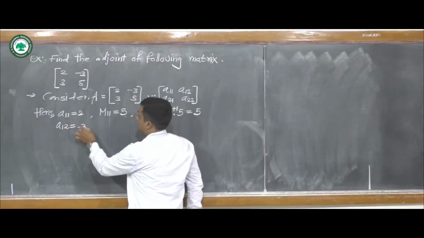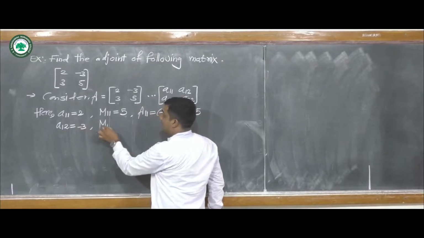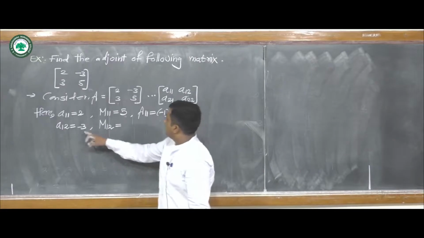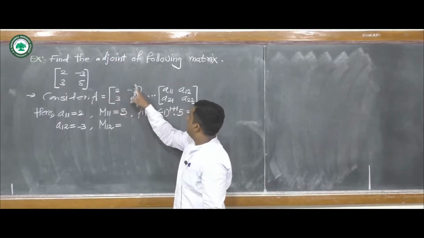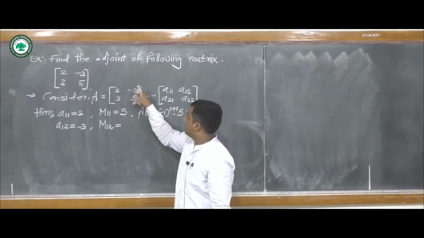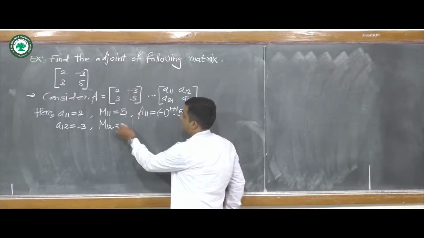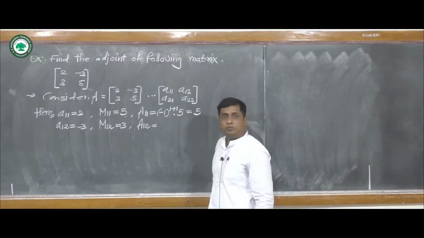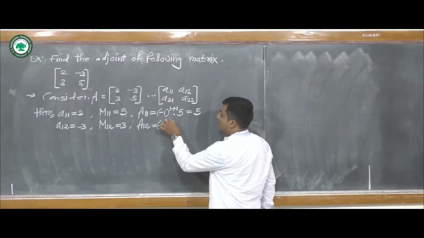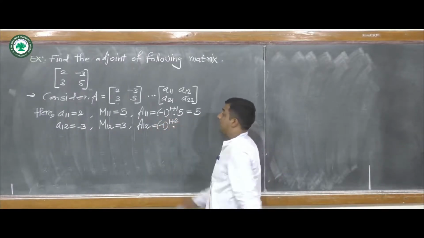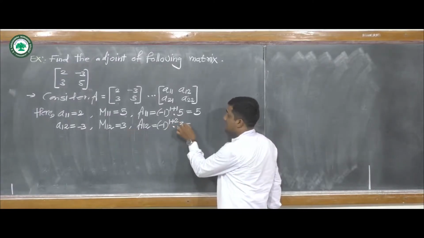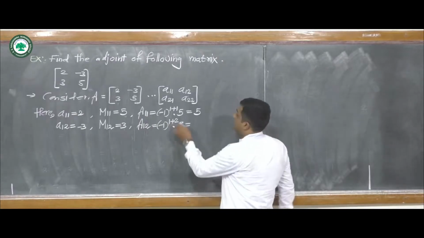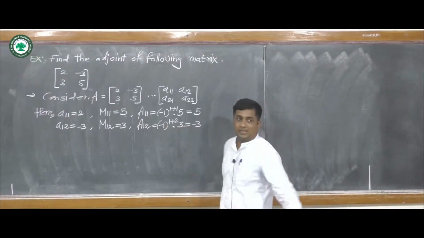Its minor M12 is equal to, since this -3 is in the first row second column, we delete the first row second column. Here only 3 remains. Then A12 is equal to -1 raised to 1 plus 2 into the minor 3. We know (-1) cubed is -1, and -1 into 3 is -3.